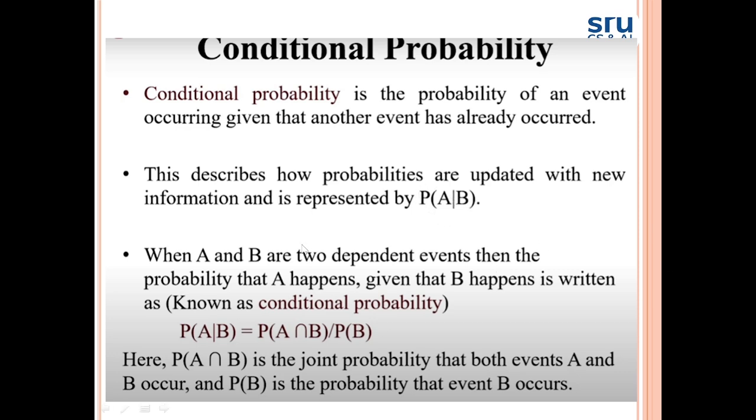When A and B are two events, the probability that A happens given that B happens is known as conditional probability, and it is equal to P of A intersection B divided by the probability of B. Here the probability of A intersection B is the joint probability that both events A and B occur. Probability of B is the probability that event B occurs.